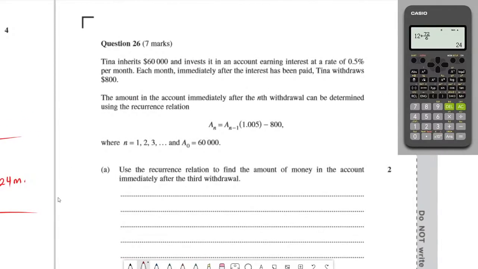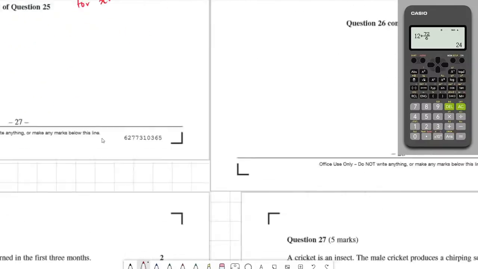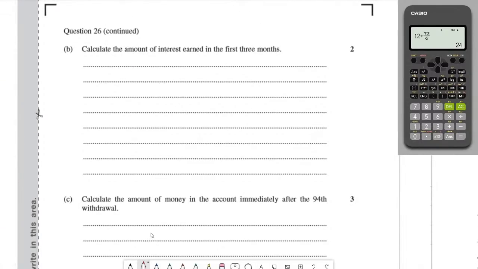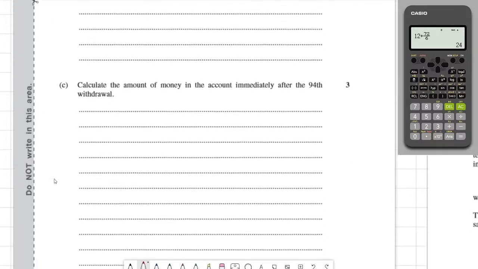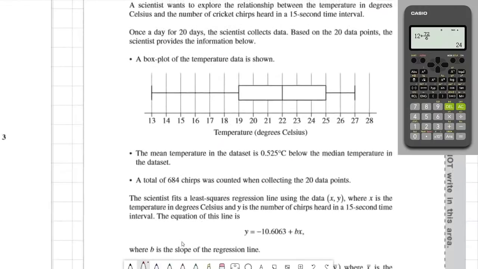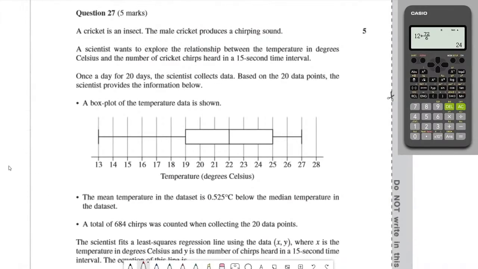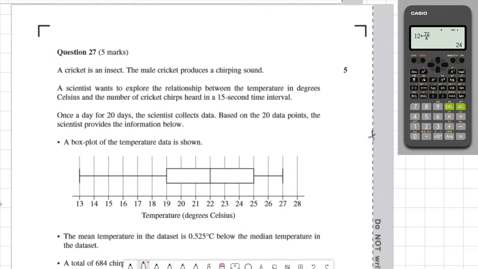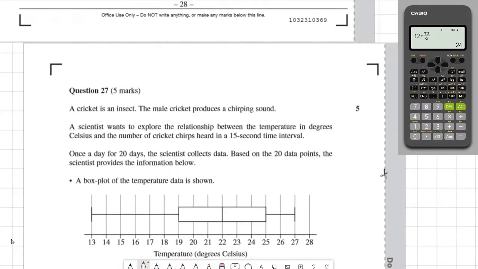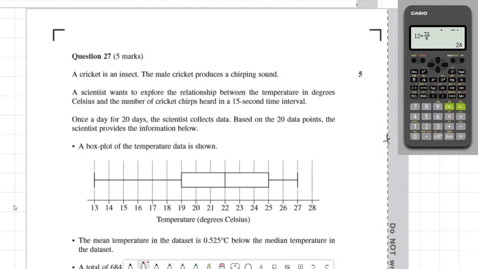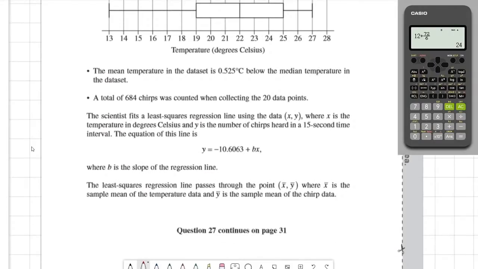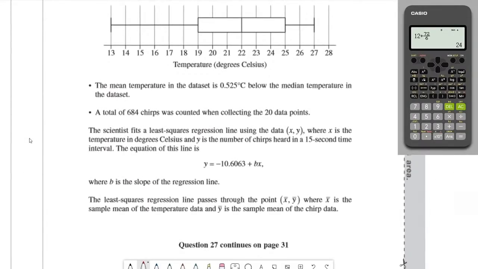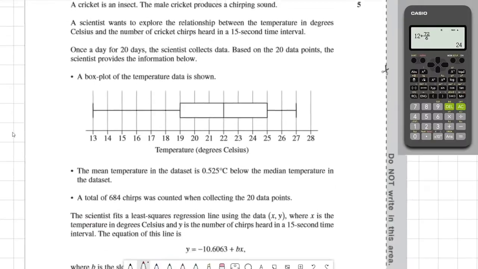Okay, I haven't done finance yet, so I'm just going to leave that one for now. I'll come back to it at some other point in the future. Which means that I'm going to avoid that one, and I'm going to avoid that one too. And out of sheer principle, I'm not going to do question 27, because it is such a rubbish question. We haven't done stats yet in my class, so we're not going to do that just yet.